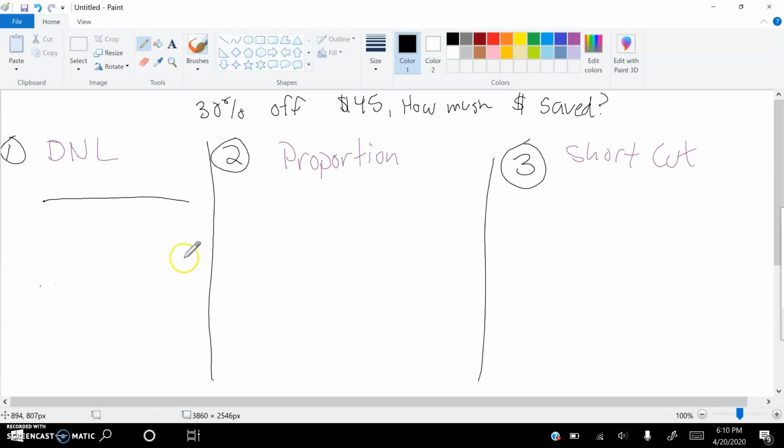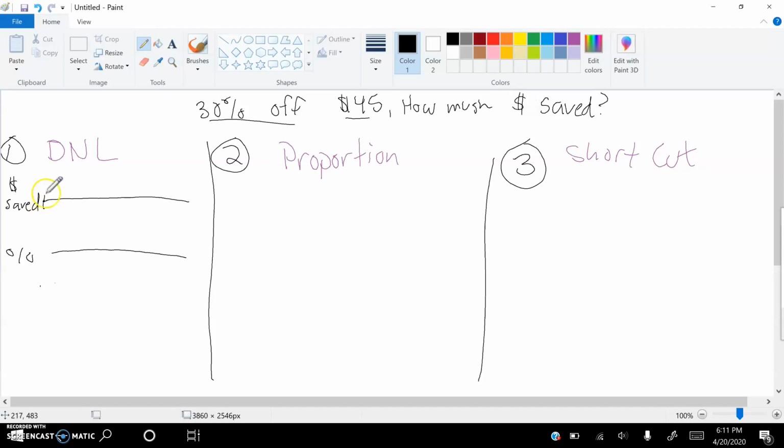To start here, I'm going to start with 2 number lines. The bottom one is going to show our percent, and the top one is going to show the money saved. So we know in our problem that we're buying headphones that are 30% off, and their original cost is $45. We need to know how much money we save with that 30% off sale.